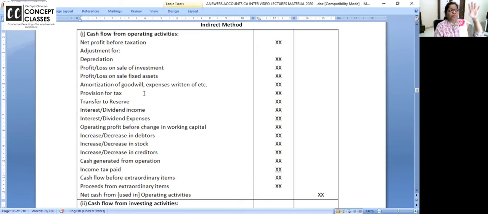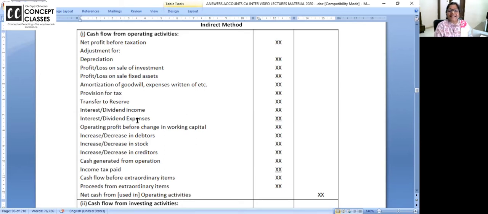I hope all of you know the P&L provision is a book entry. So provisions, transfer to reserves and all these are book entries, right? Dividend income, deduct it, remove it, because dividend income received you have already taken in the investing activity.